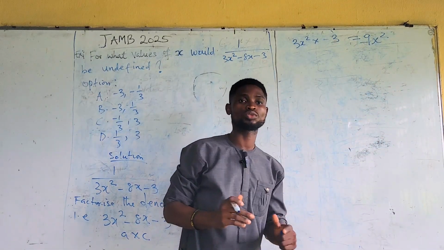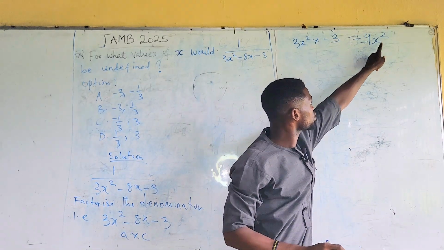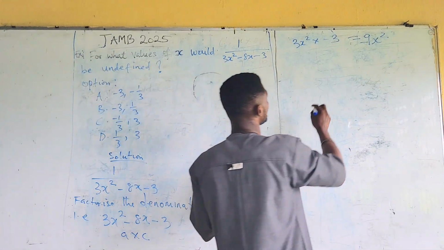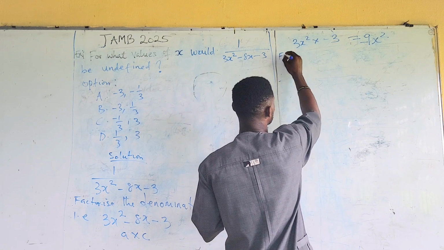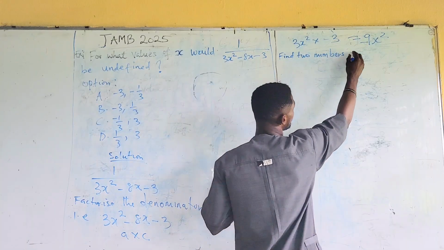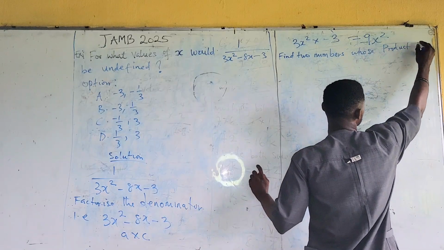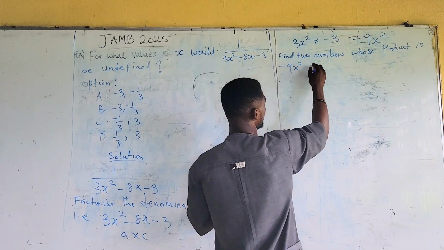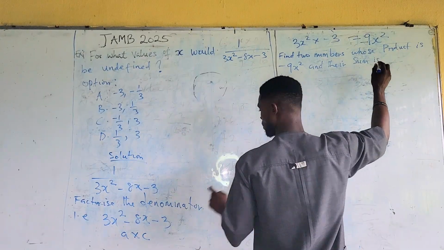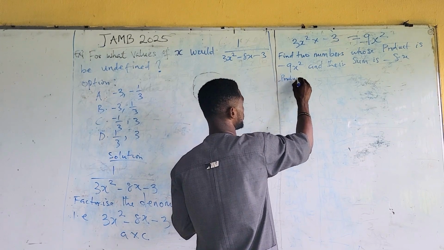We are going to find two numbers whose product is minus 9x squared and whose sum is minus 8x.